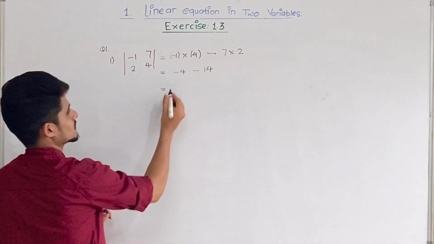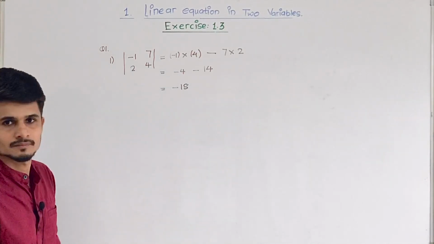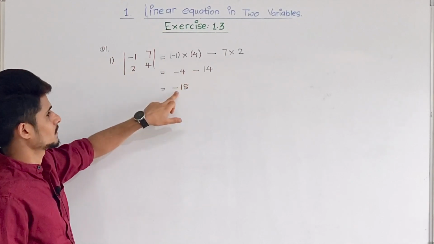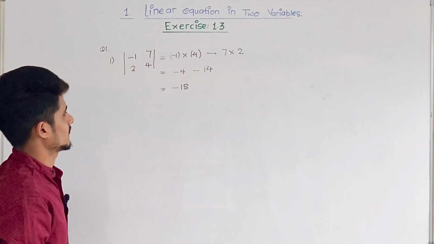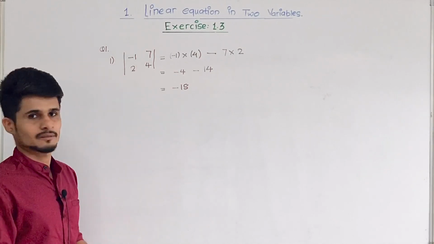So -4 minus 14; minus and minus becomes plus, and we take the sign of the bigger number, so the answer is -18. This is how we find the value of a determinant.